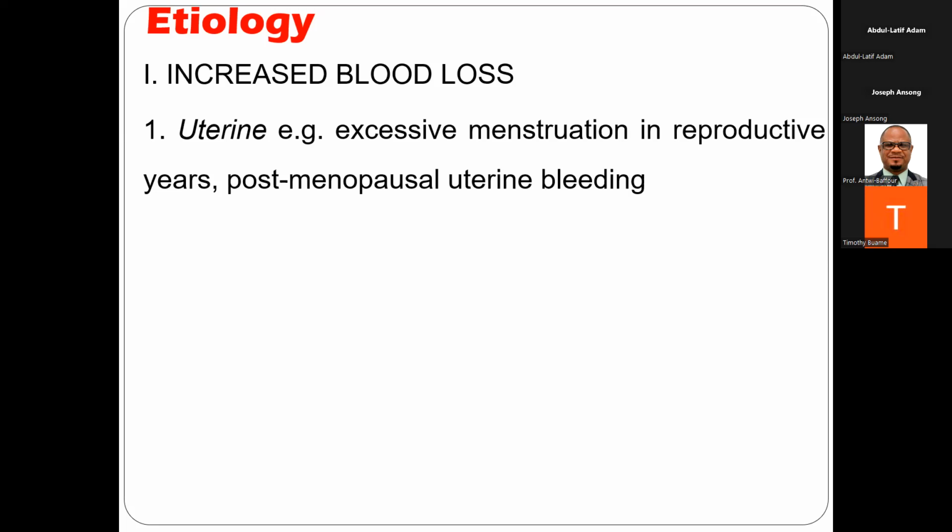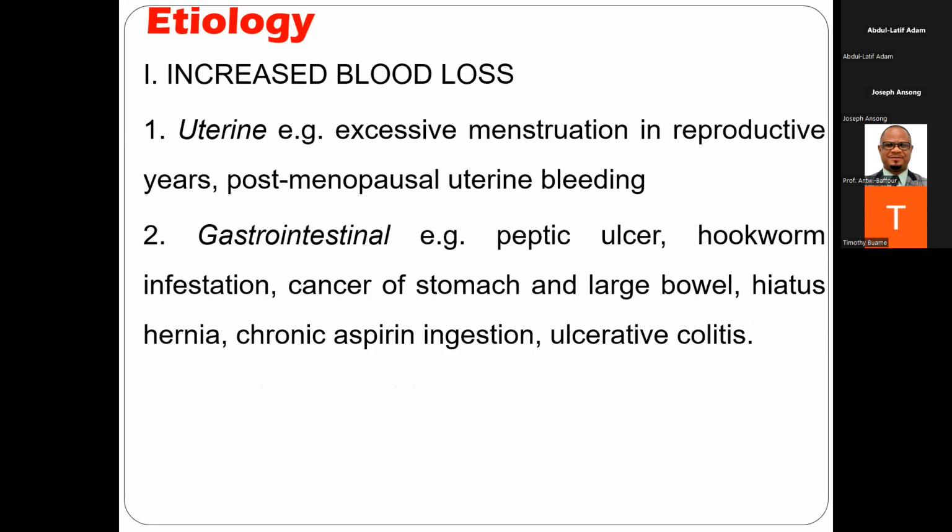Then we have gastrointestinal blood loss due to peptic ulcer, worm infestation, cancer of the stomach and large bowel, and hiatus hernia, where sometimes part of the stomach protrudes through the diaphragm, causing loss of blood. Chronic aspirin ingestion: aspirin is a blood thinner, and as we continue to take it, we lose blood easily.